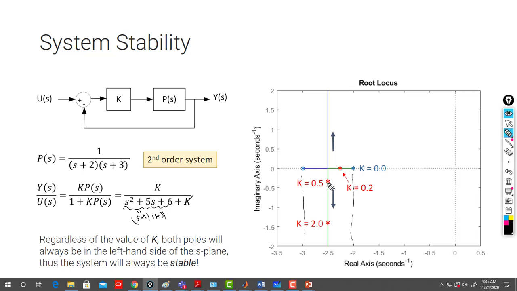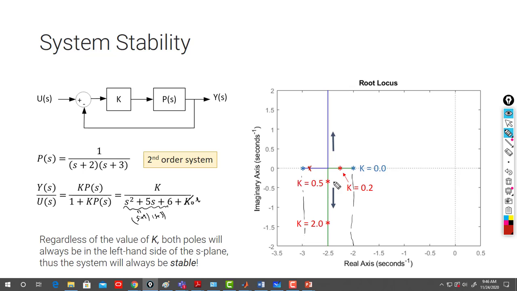At k equals 0.2, you put 0.2 and you do it, you'll find a pole here and another pole here, symmetric conjugate to it. And those are two poles at k equal 0.2.